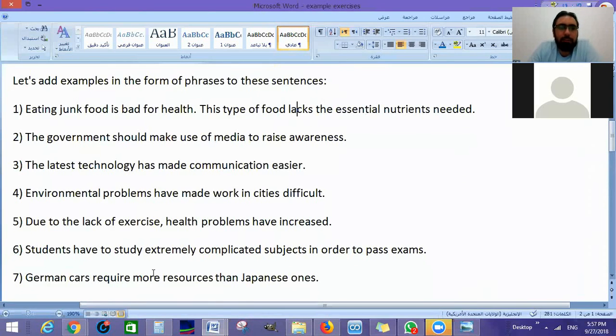So here I have, eating junk food is bad for health. This type of food lacks the essential nutrients needed. So how could we insert some examples into these sentences?